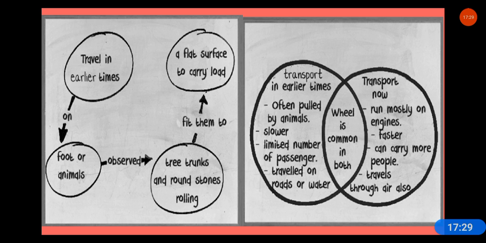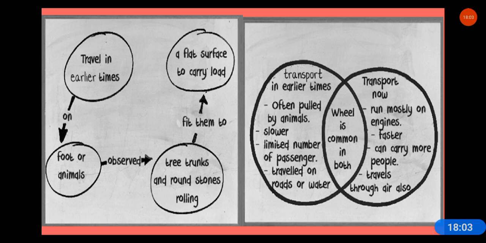While observing that, people used tree trunks and round stones rolling. They observed them rolling, and after that fitted them to a flat surface to carry loads. In this way they invented wheels. After the invention of the wheel, travel became easier and more comfortable, right?